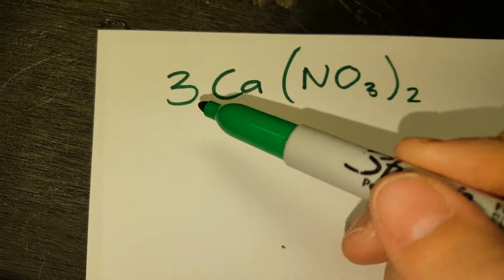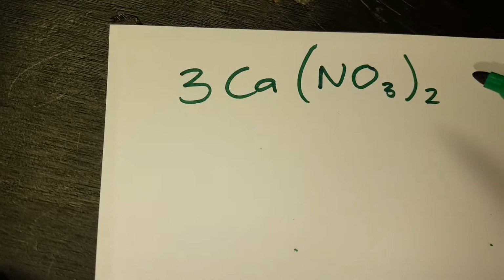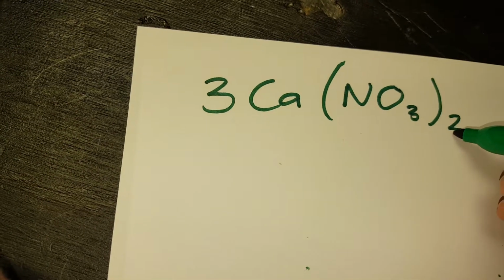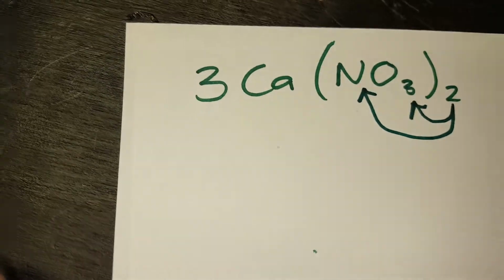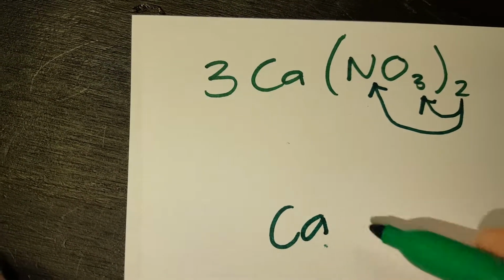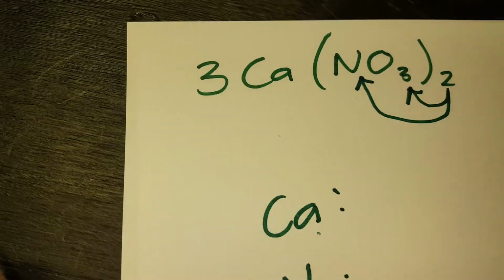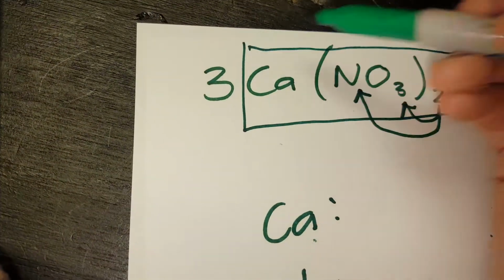Remember, with your coefficient, you're going to multiply that by everything, and your subscript, when you have parentheses, this subscript needs to be multiplied by everything inside the parentheses.